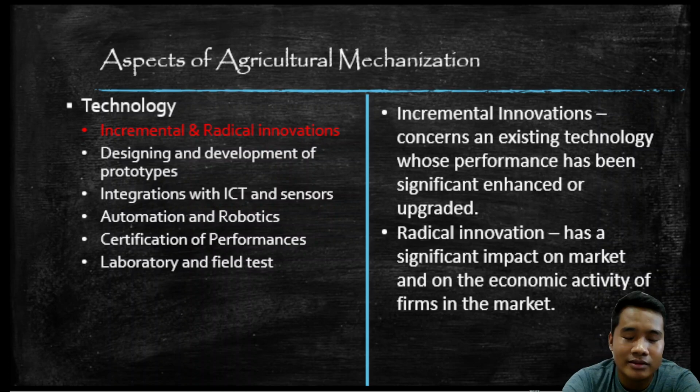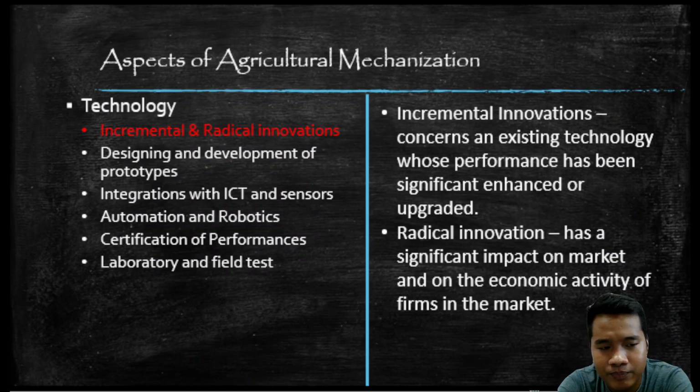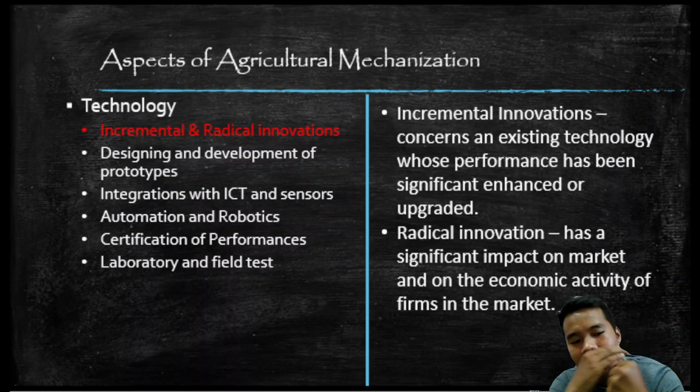We can also have an incremental innovation, which is defined as concerning an existing technology whose performance has been significantly enhanced or upgraded. It is just like there is an existing technology and there is an aspect that you have to improve.